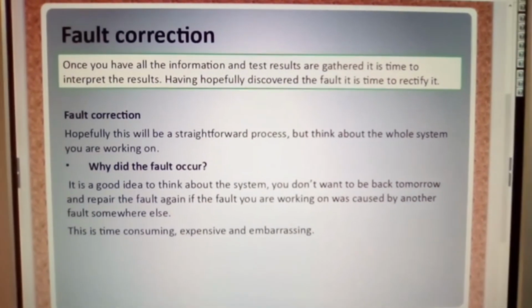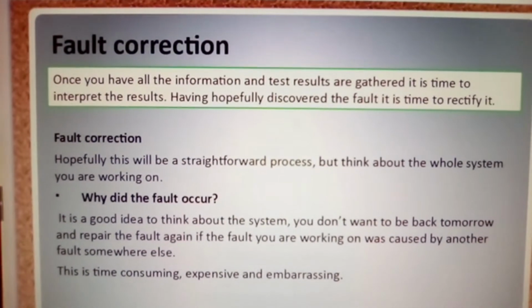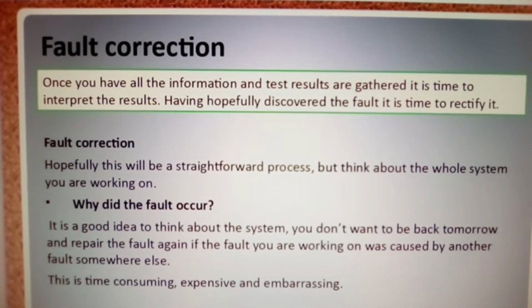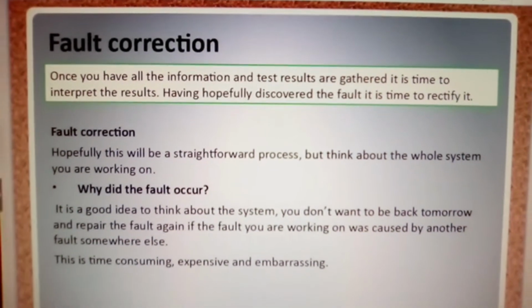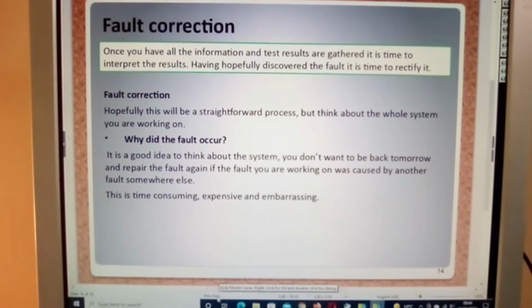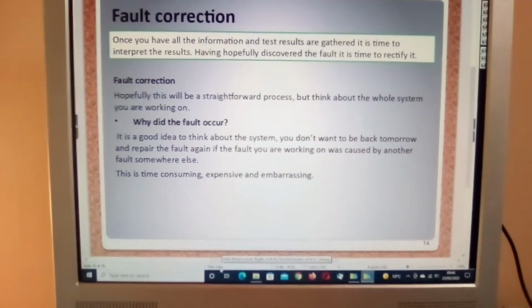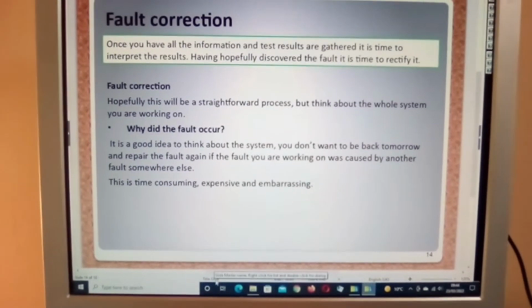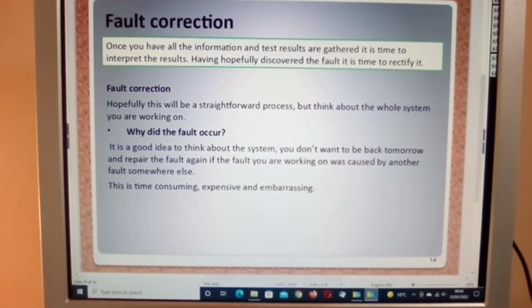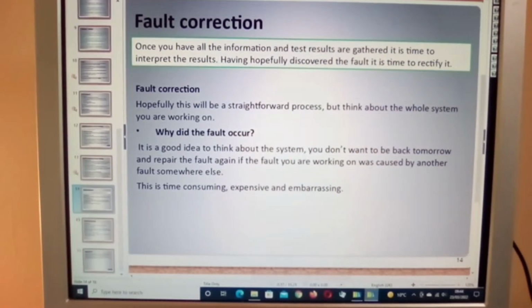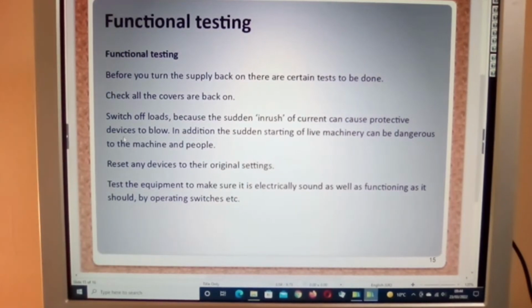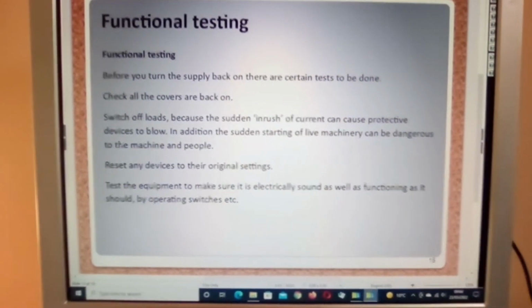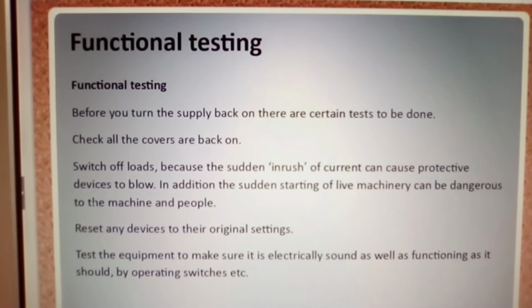And for correction, okay. Functional testing, okay, the fault.